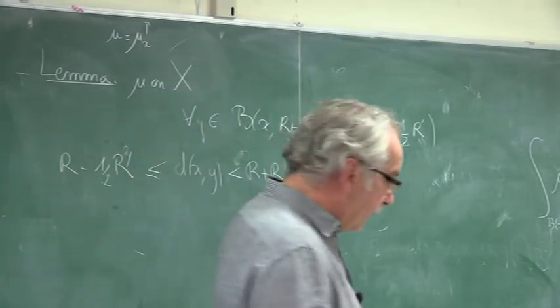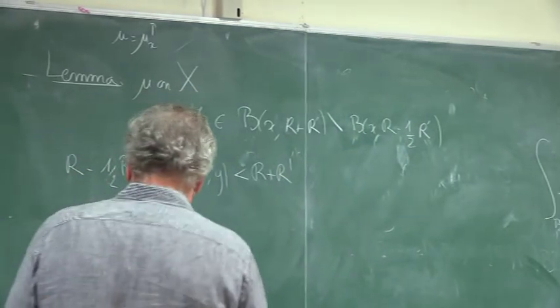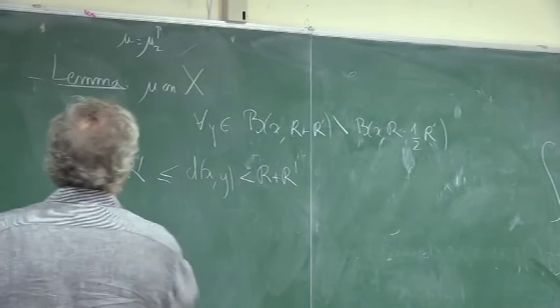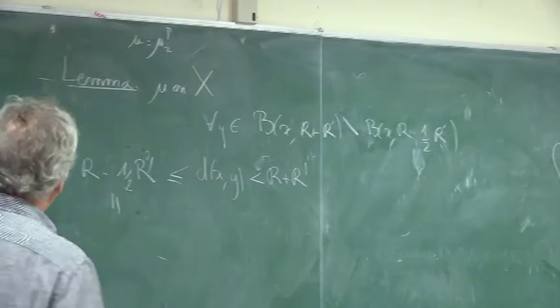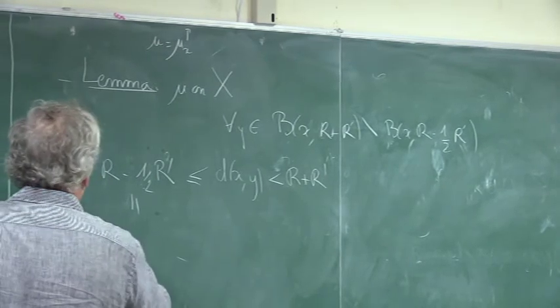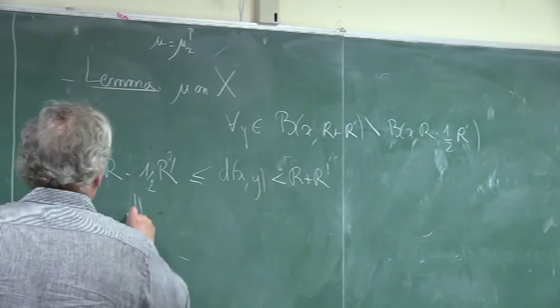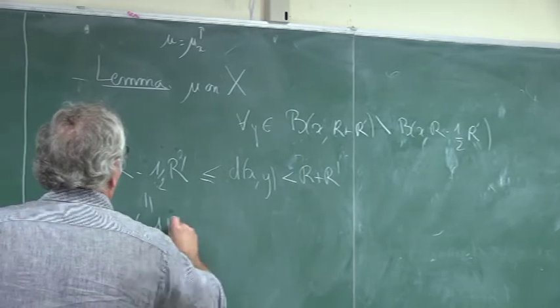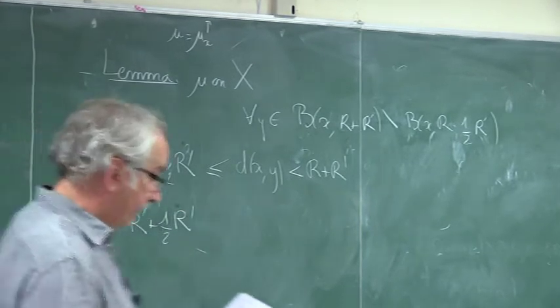And I realize that I forgot an assumption in the statement, but I will give it now. And this I write as r - r' + 1/2 r'. So this is easy, right?